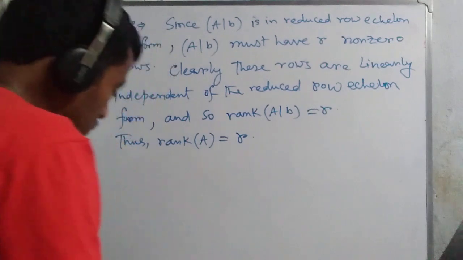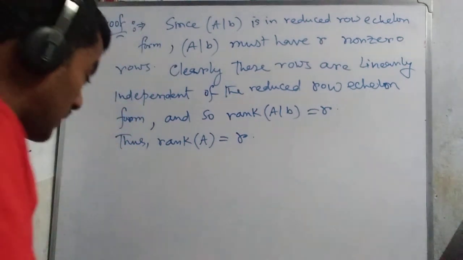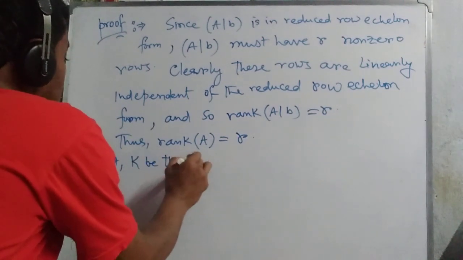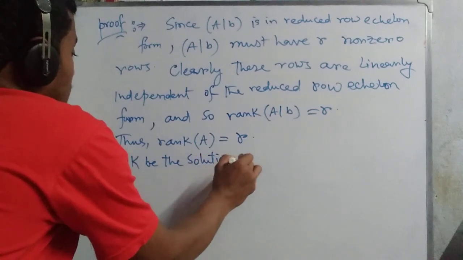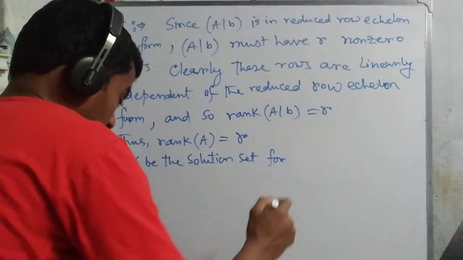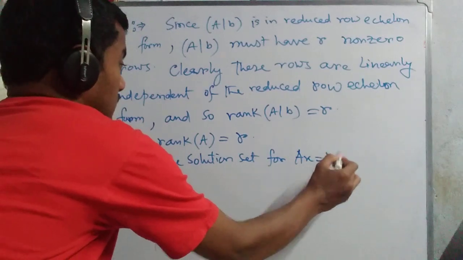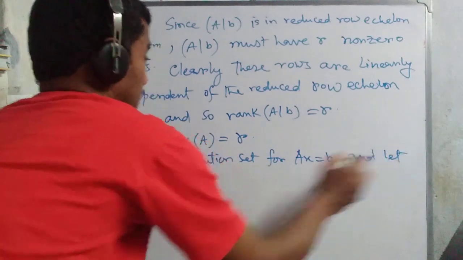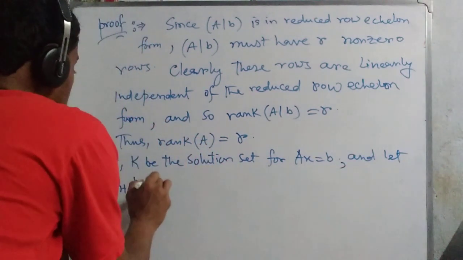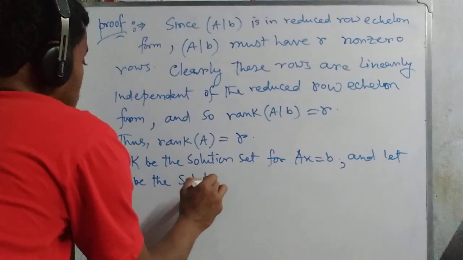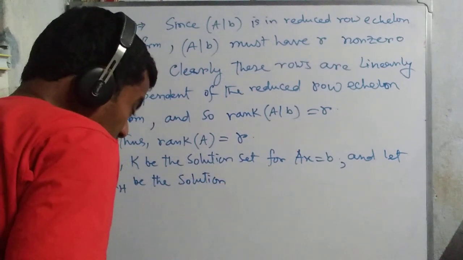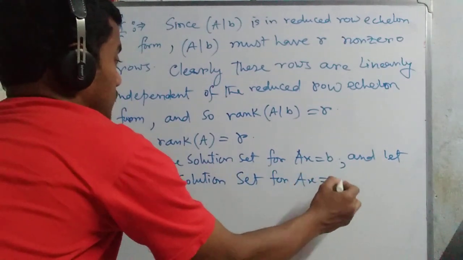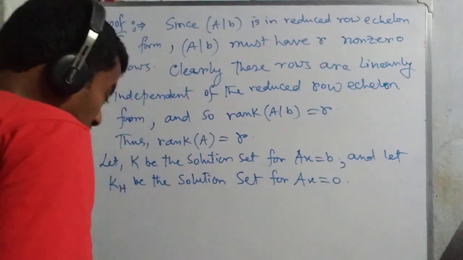Now let K be the solution set for Ax equal to B, and let Kh be the solution set for Ax equal to 0. For Ax equal to 0, then what happened?